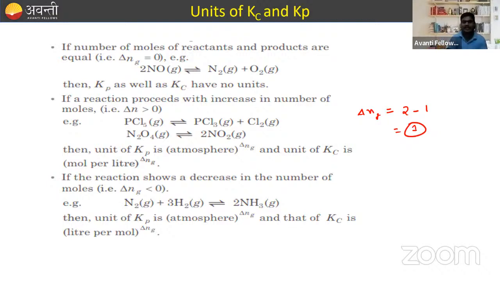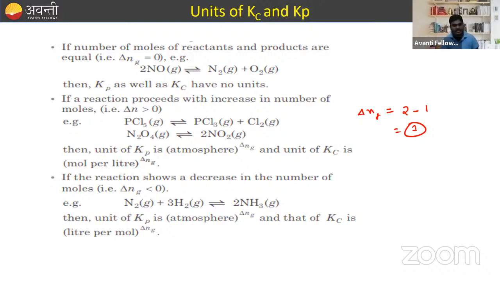With an increase in the number of moles, the unit of Kp is atm to the power delta Ng, and the unit of Kc is mole per liter to the power delta Ng. Always remember this.